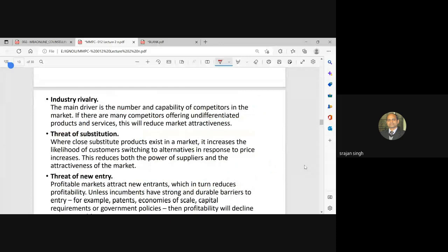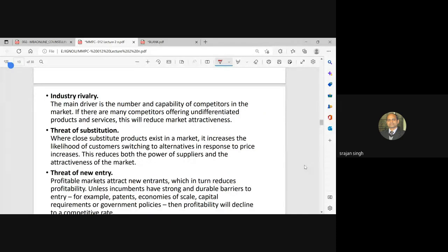Next is industry rivalry. The main driver is the number and capability of competitors in the market. If there are many competitors offering undifferentiated products and services, this will reduce market attractiveness. If a number of sellers are giving just one kind of service or one kind of product, and there is no differentiation, then obviously it will reduce the market attractiveness.